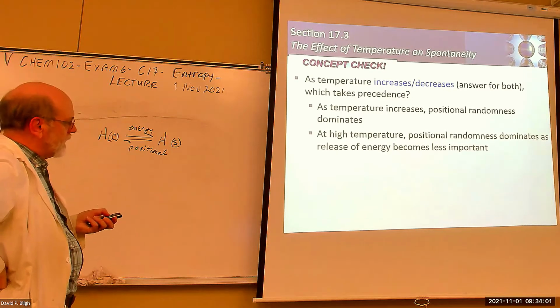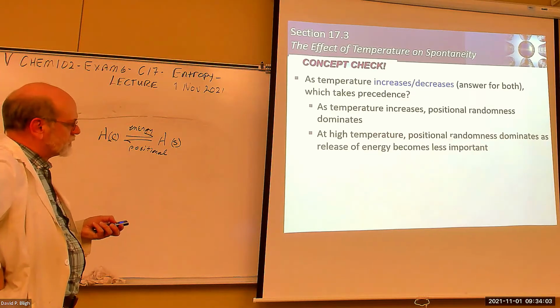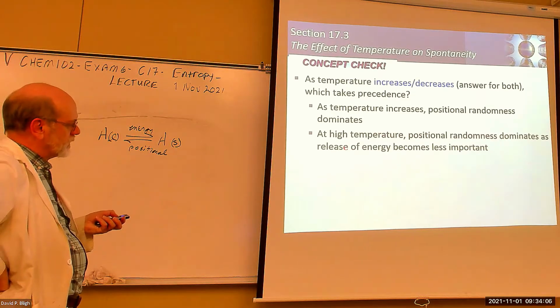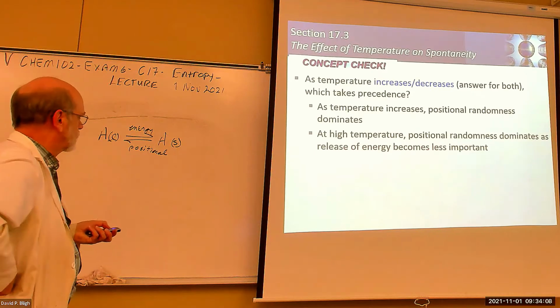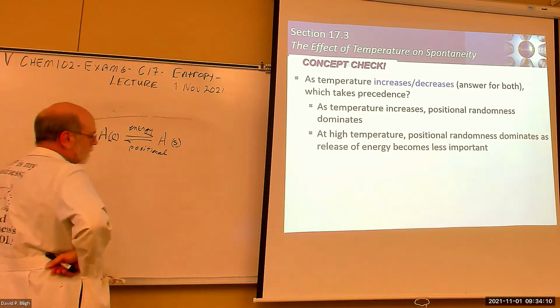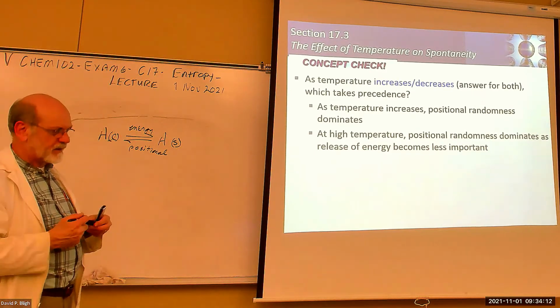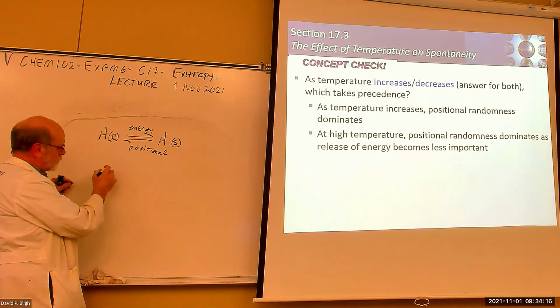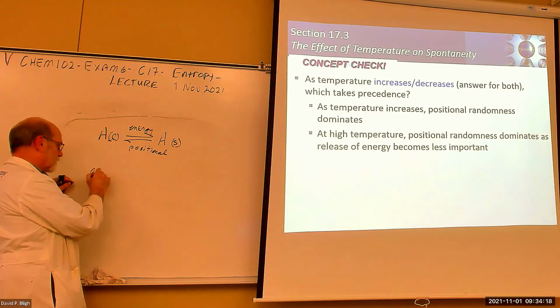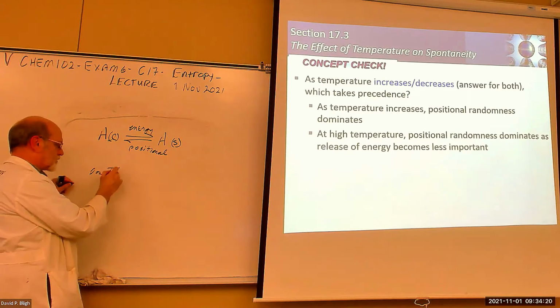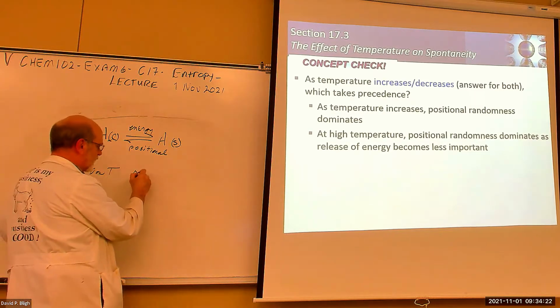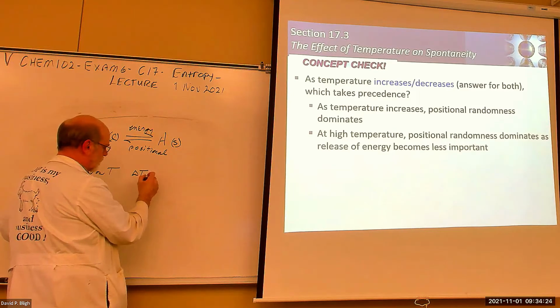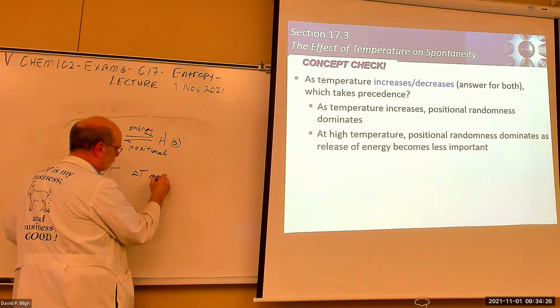So this is a qualifier. At high temperature, positional randomness dominates as the release of energy becomes less important. Oh, okay. So look at it this way. When you are at low temperature, a change in temperature is more significant.